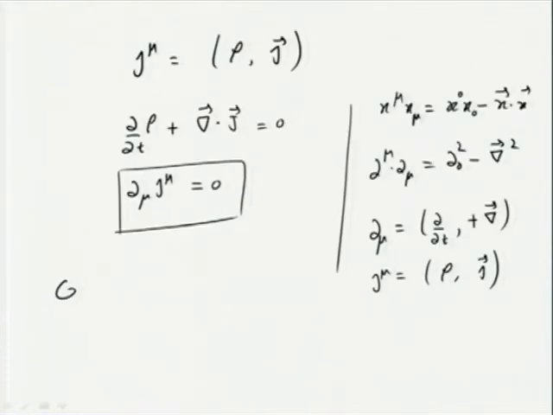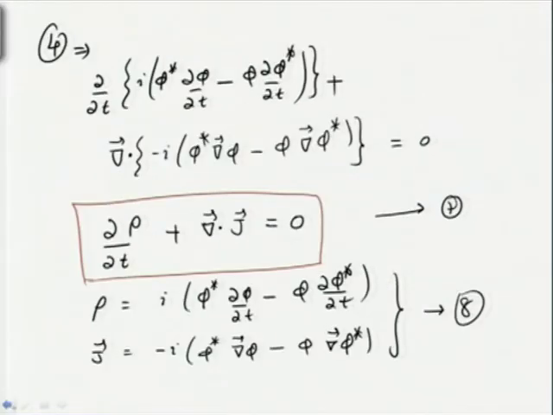The physical interpretation is that, all right. If you look at the expression here in equation 8, j is something which we were already familiar with in the case of non-relativistic quantum mechanics.